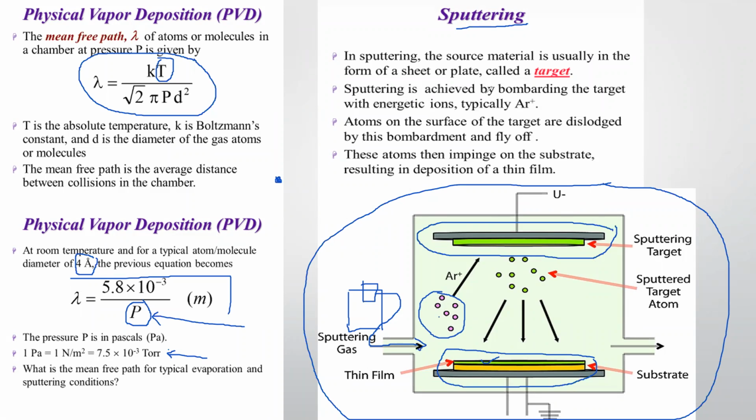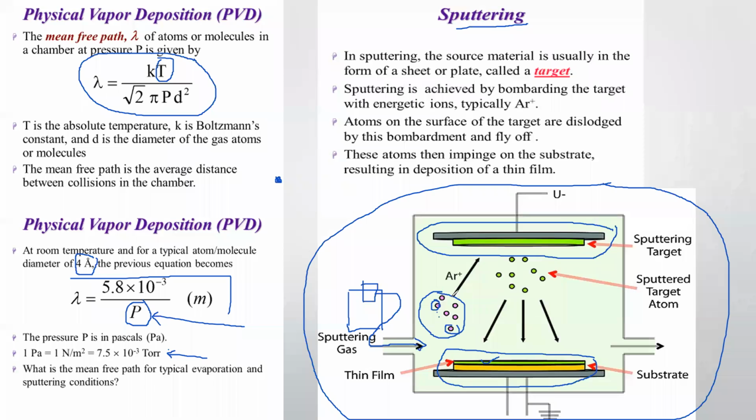So sputtering is achieved by bombarding the target with energetic ions, and those energetic ions are available in the form of argon plus. The atoms on the surface of the target are dislodged by this bombardment and fly off.